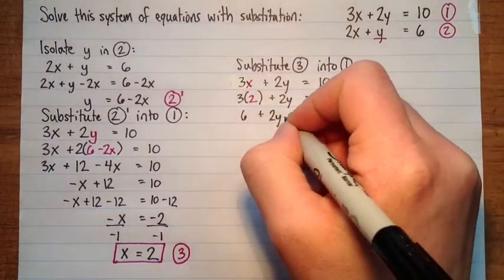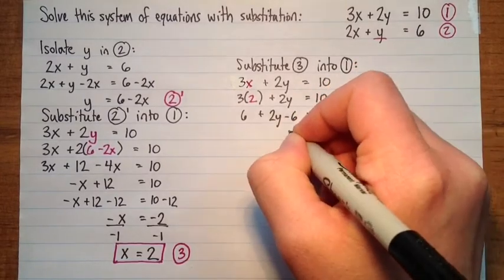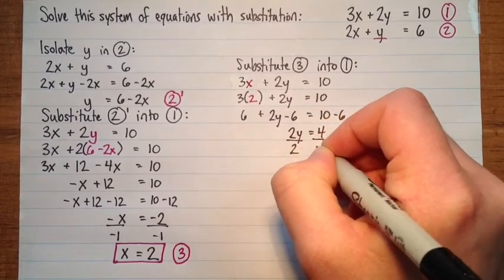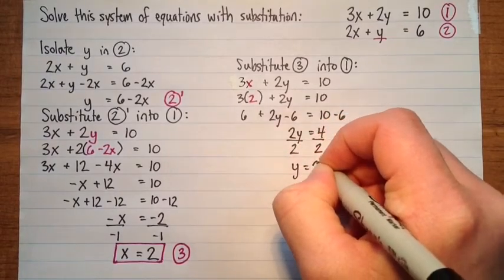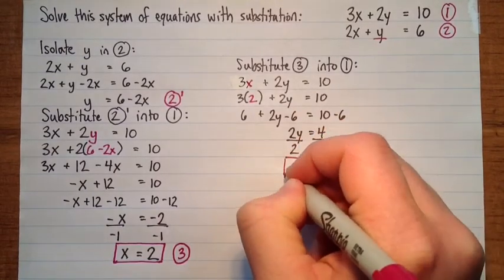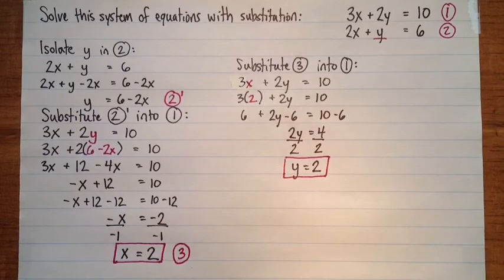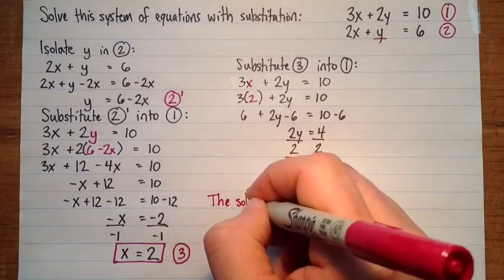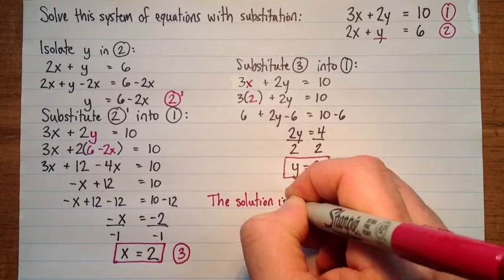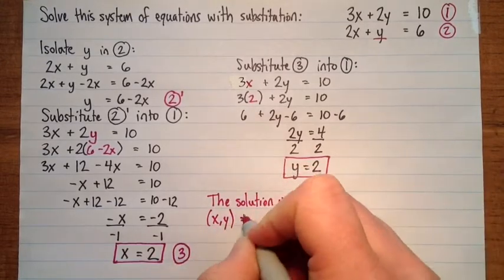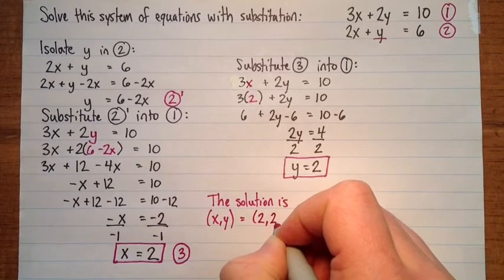I'll subtract 6 from both sides. 2y is 4. So y equals 2. So there we go. We have the solution. We still have to check it because it's so easy to make a little mistake. But the solution, I'll write this in pink, x and y equals, oh, and they're both 2. So x is 2 and y is 2.